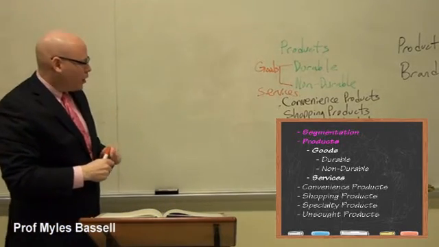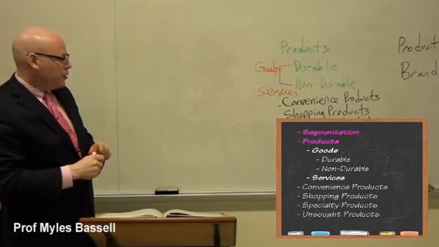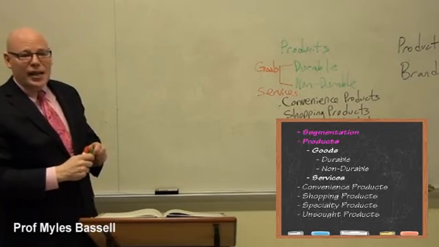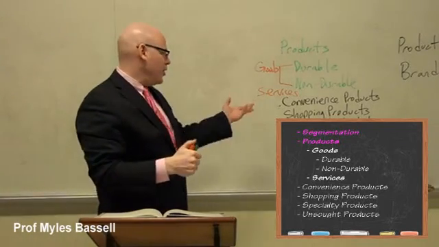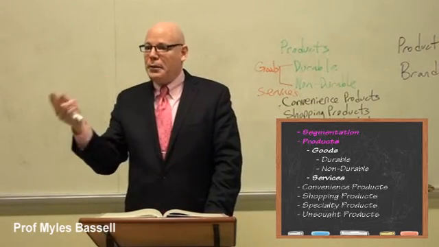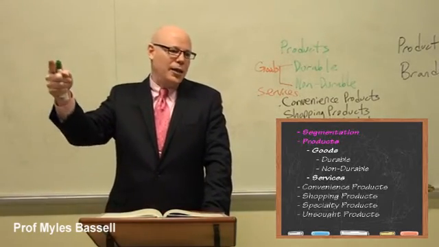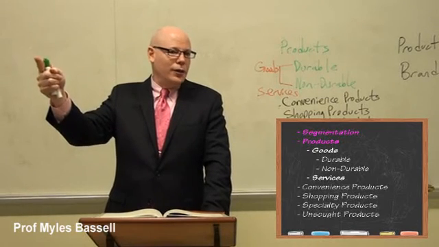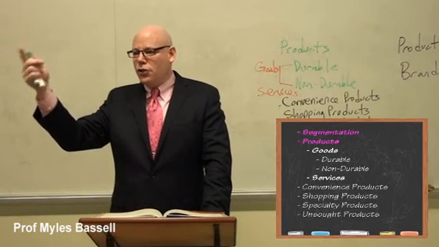And what about shopping products? What's the difference? Pretty much it's almost the opposite of a convenience product. It's something that we buy much less frequently, and something that we generally spend a lot of time researching before we make a purchase.